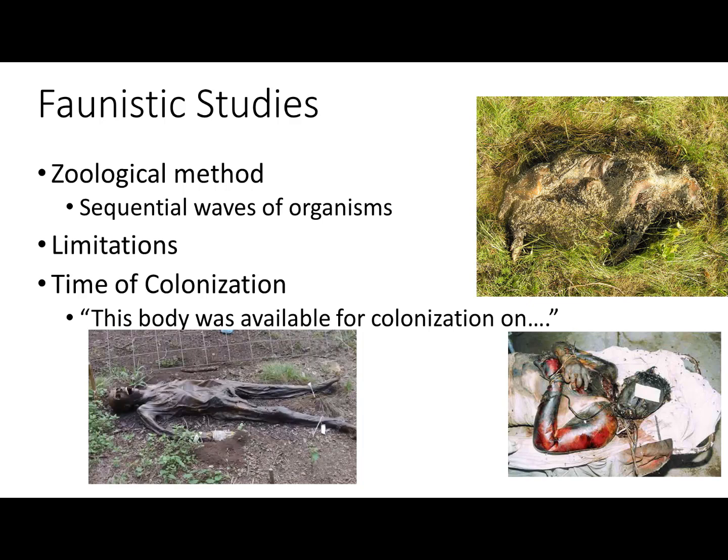Two, it depends on accurate collection methods. Your estimation is only as good as your evidence. If your major bits of evidence, in this case insects, are missed during collection, it will affect your time of death determination. If somebody is out there and they're not trained in forensic entomology, or this is their first time doing it, and you don't collect the right insects, in this case we're looking for the oldest ones.